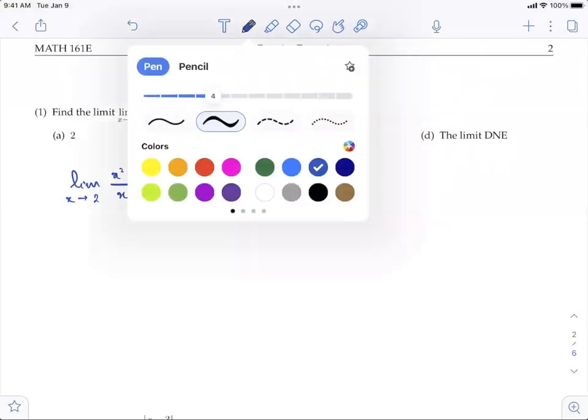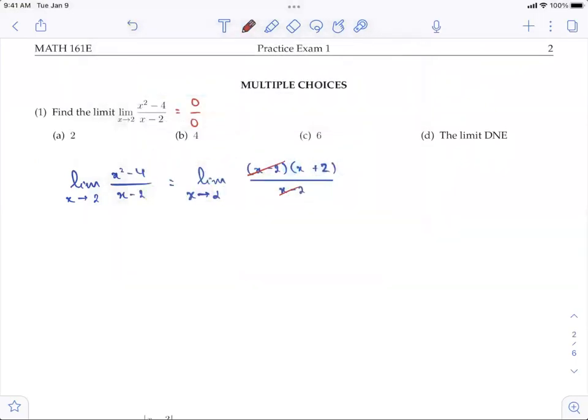Now you can cancel out x minus 2 and you're left with the limit as x approaches 2 of x plus 2. At this point, you can just use direct substitution by letting x equal to 2. You get 2 plus 2 equal to 4. So the answer should be B. The limit of this function is equal to 4.